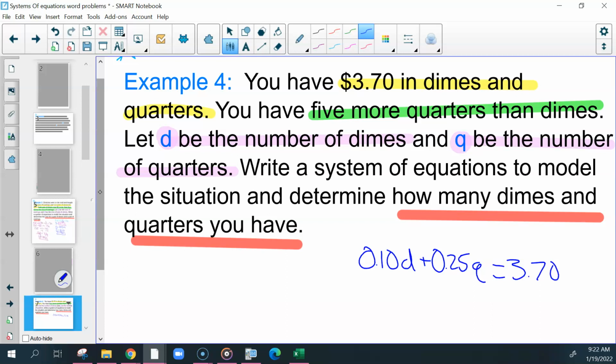Okay, so Kat said Q equals 5 plus D. Anyone agree with that? Venus, did you have something different? Sadie, did you have something different?